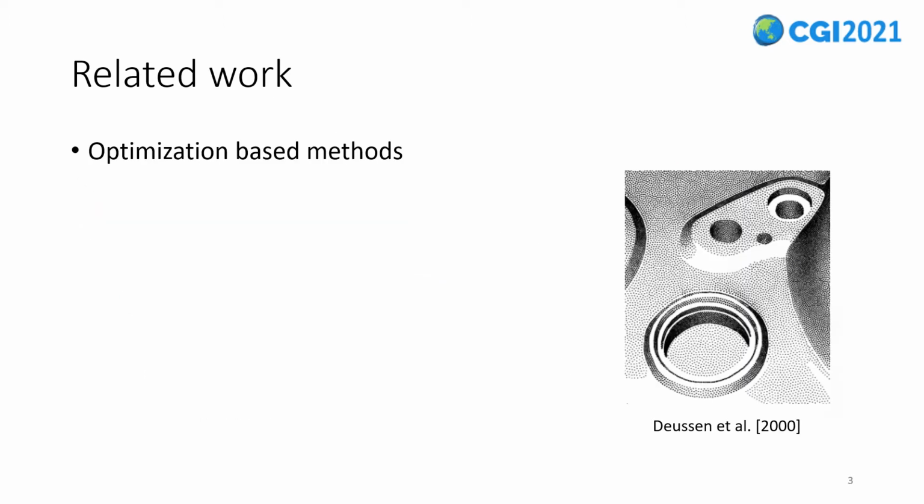There have already been many stippling algorithms currently. All of them are not learning-based methods. Some of them can be summarized as optimization-based methods. These methods start from a randomized sampling and iteratively adjust each point to a proper location.